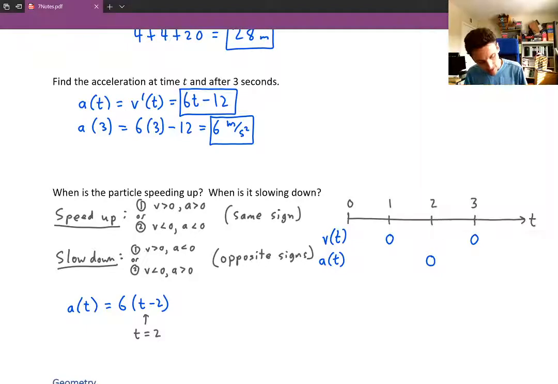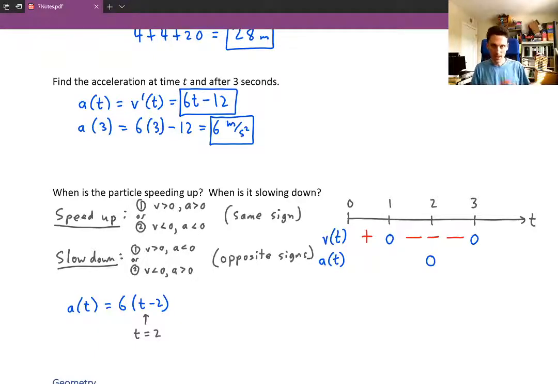And now we're going to write the signs of velocity and acceleration on each of these intervals. Now we already did velocity before. Once again, we said velocity was positive on the interval from 0 to 1, and it was also positive at 0 as well. And negative on the interval from 1 to 3. So it was negative on the interval from 1 to 2, negative at 2, negative from 2 to 3.